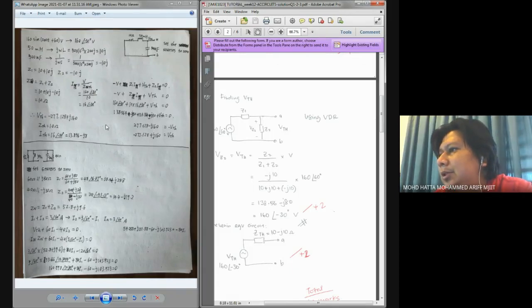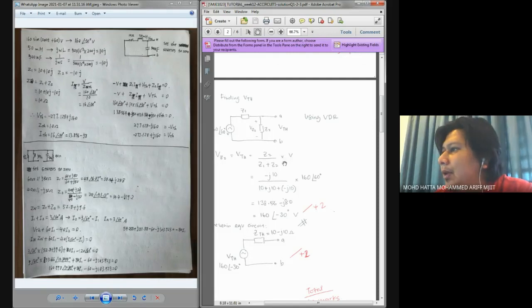And the strategy that you use over here, you use Kirchhoff voltage law, mesh, right? So negative V plus Z1 I, and Z1 is, okay, now I get it.